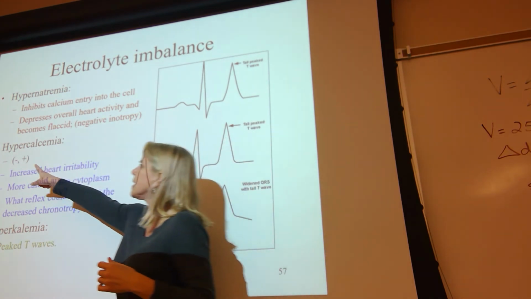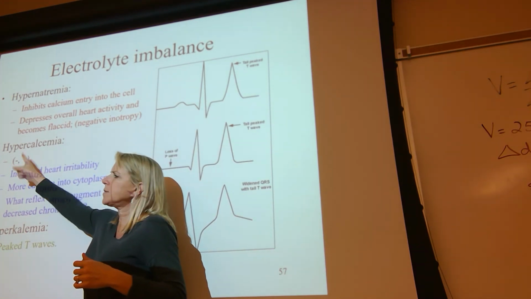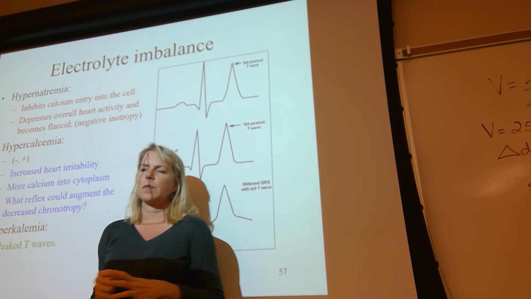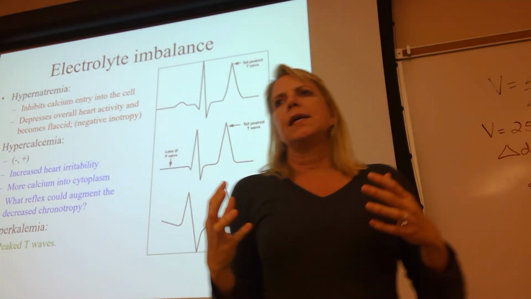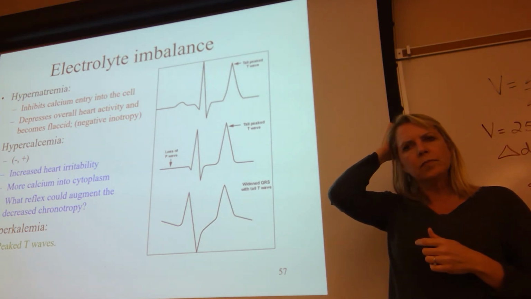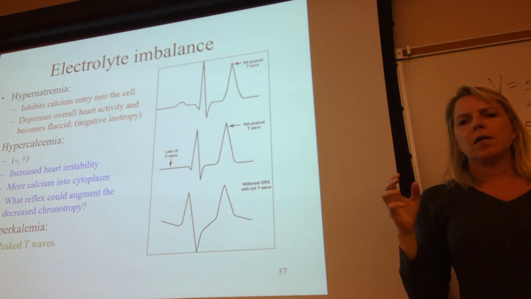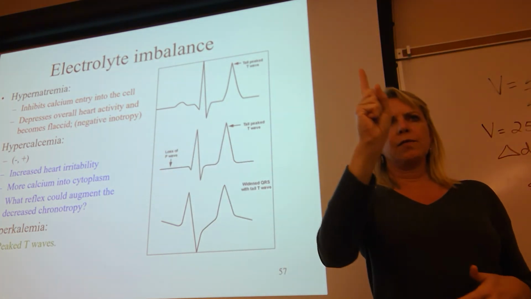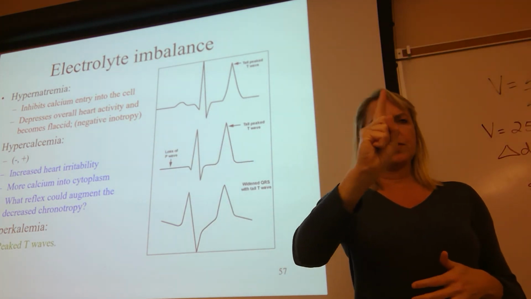Hypercalcemia, we see negative chronotropy, positive inotropy. That's what those signs mean. Let's start with positive inotropy. This answer is multifaceted. I'm just going to give you one point to remember for the test.